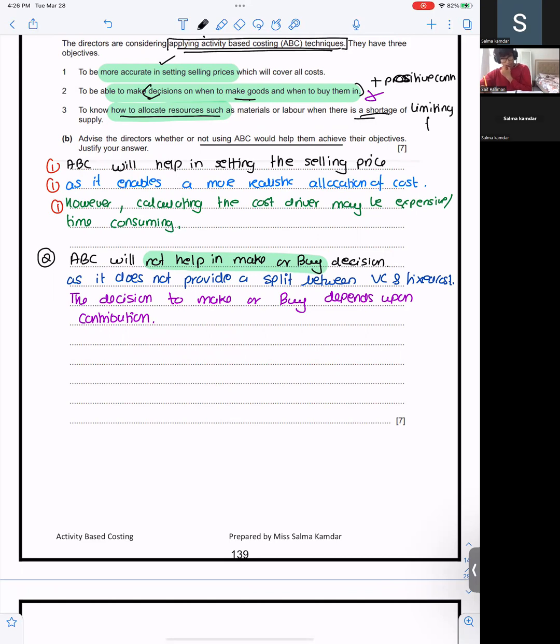And when there is a limiting factor, we calculate the optimum product plan. Optimum product plan is a part of marginal costing. So ABC does not tell you how to allocate scarce resources. The third objective also ABC cannot help you achieve, right?